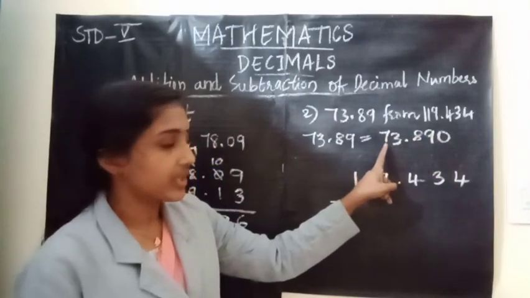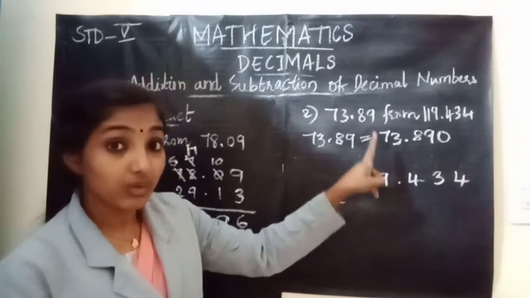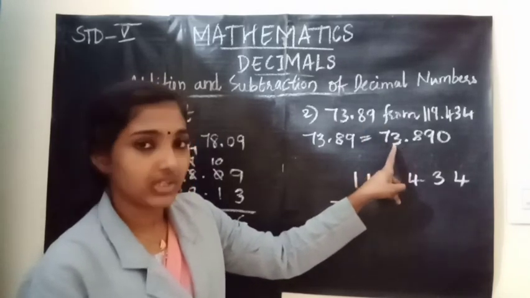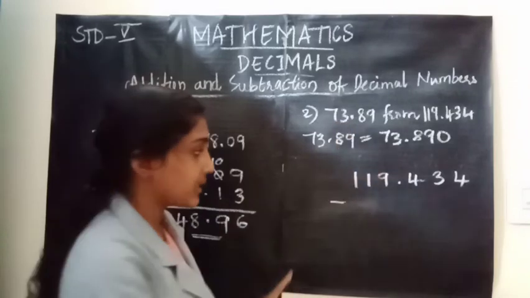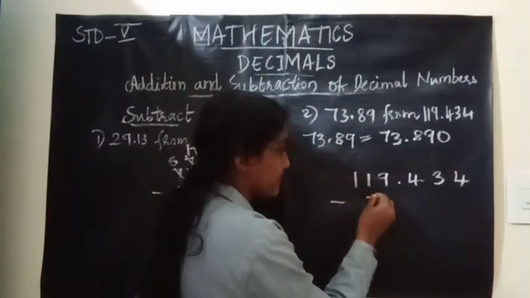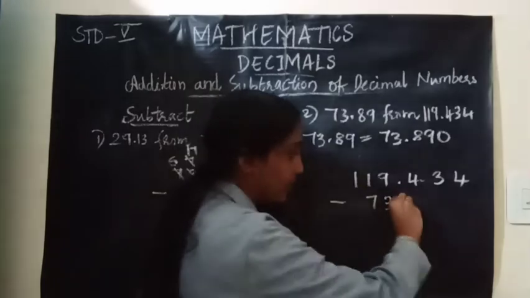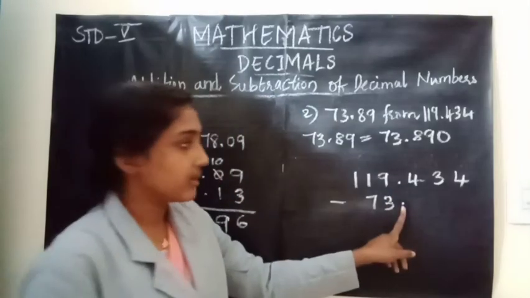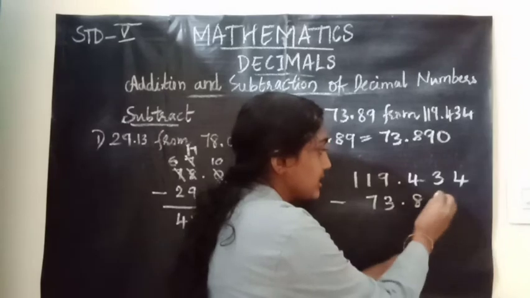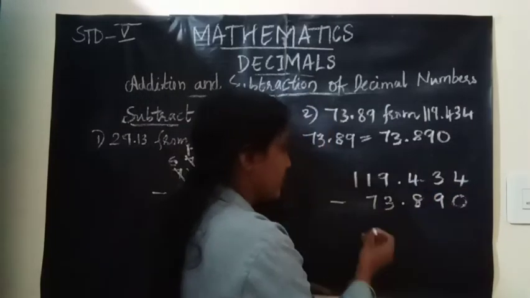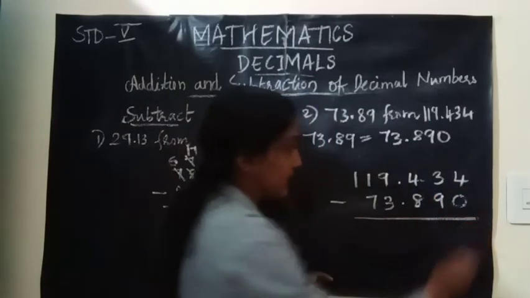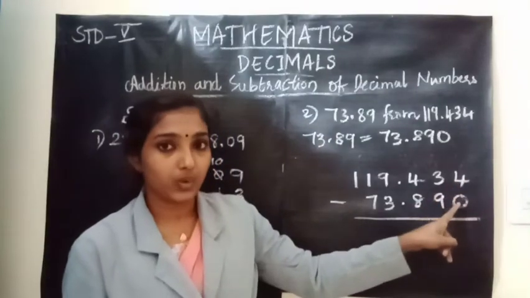It is 73, only 2 places in the whole number part. So it starts from the tens place: 7 is in the tens place, 3 is in the ones place, then our decimal point, 0.890.